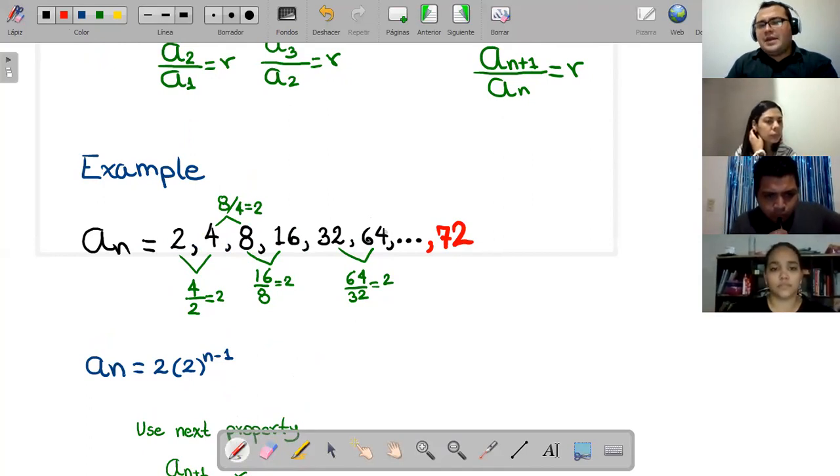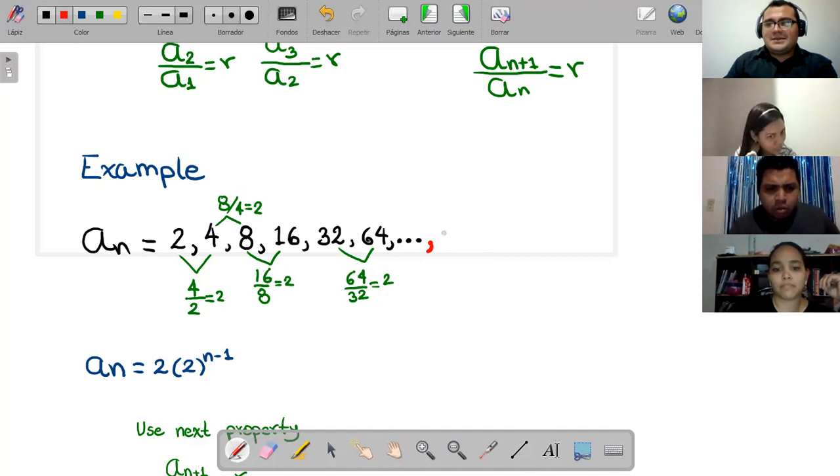I mean, how do you get that 72? Because you're multiplying 2 times 2, then 4 times 2, 8 times 2. So 64 times 2 is 120. 120, you're right, 120. 120, okay. 128. 128. Yes, there you are.